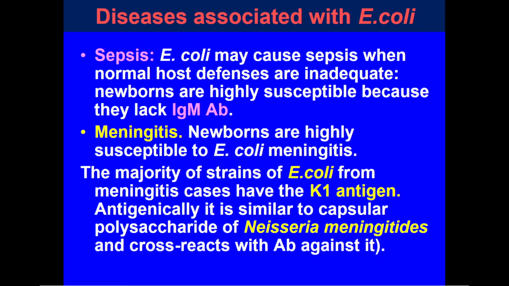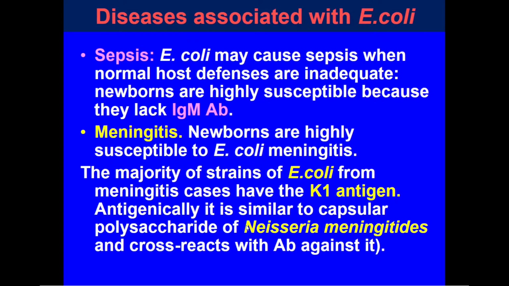And the newborns are highly susceptible to E. coli meningitis. So the major virulence factor of this bacteria is the capsule antigen. It is interesting that the Escherichia coli with this K1 capsule antigen are very similar and related in capsule antigen to that of the other gram-negative bacteria, Neisseria meningitidis, that may cause very severe meningococcal meningitis.